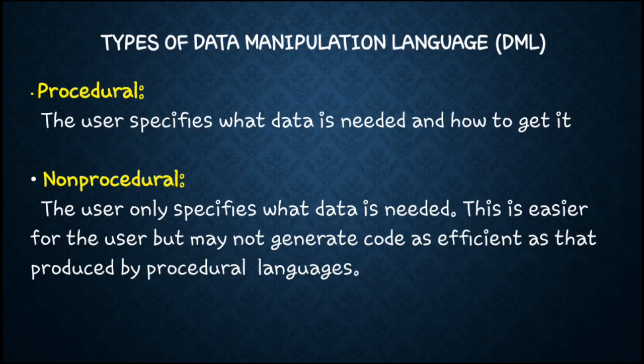In the case of non-procedural, the user only specifies what data they need and can get it from the database. This is easier for the user but may not generate code as efficient as that produced by the procedural languages.